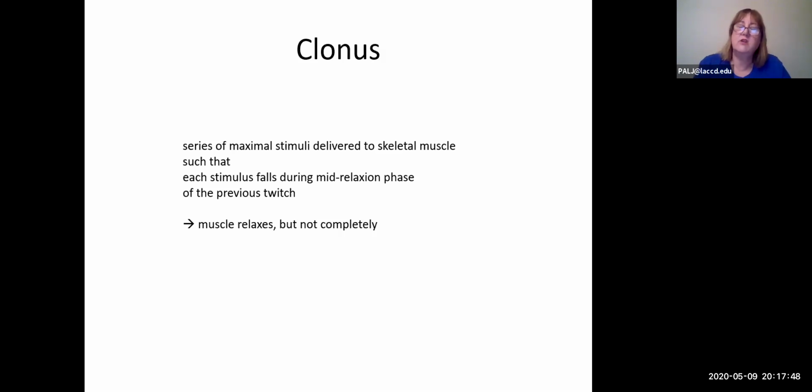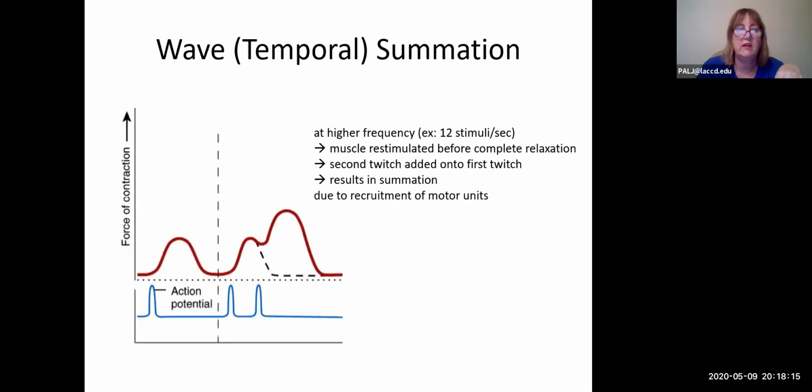So now I need to talk about something called clonus, and there's no picture on this because there's different types of clonus, so there is no picture I can do to show you this. In clonus, what's going to happen is we're going to have our maximal stimuli, just like we showed in the temporal summation. However, each of these stimuli is going to occur during the mid-relaxation period, okay?